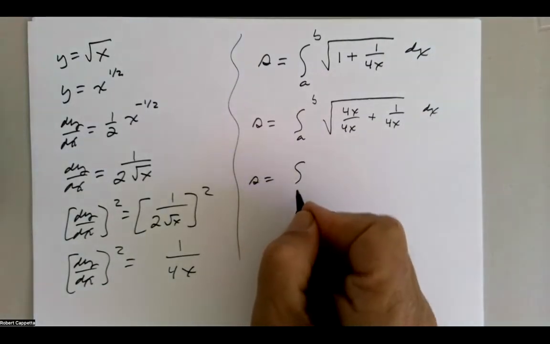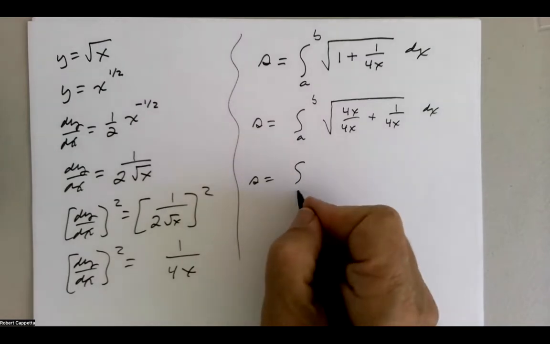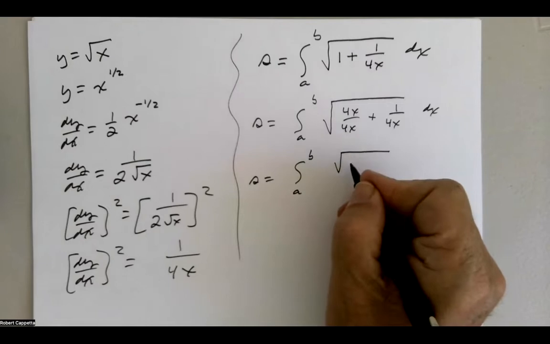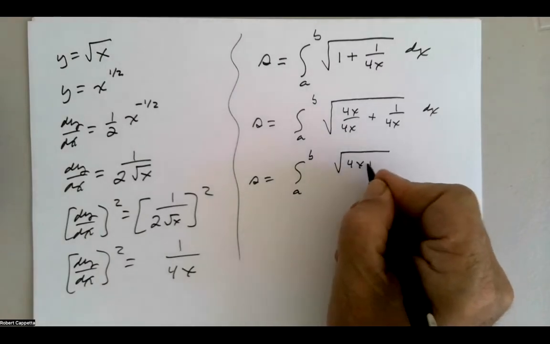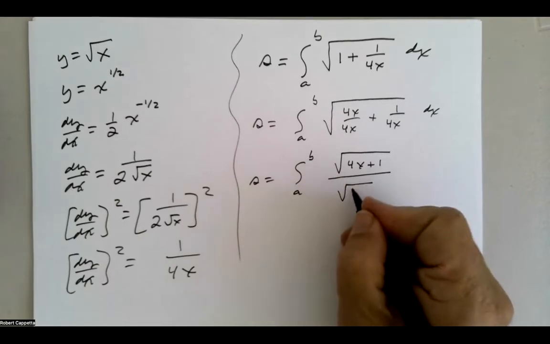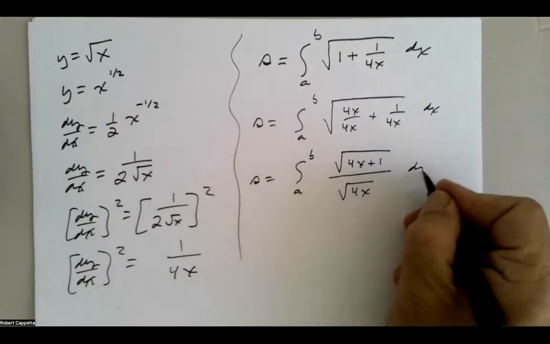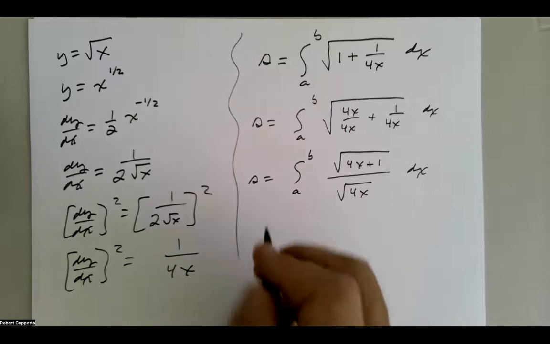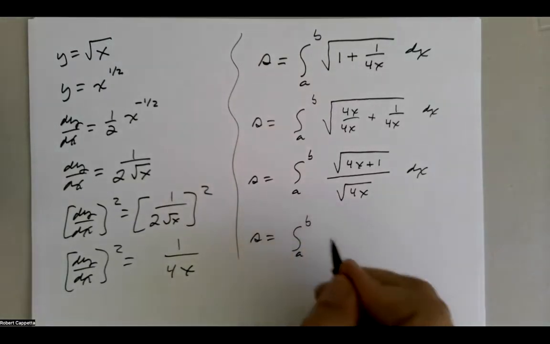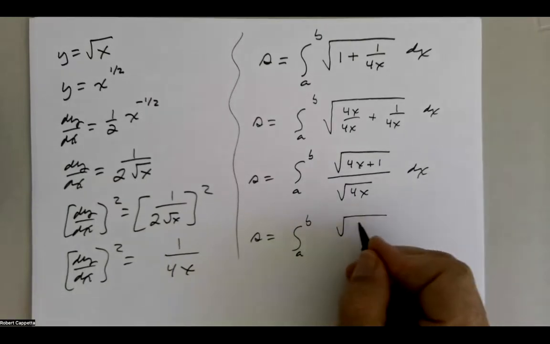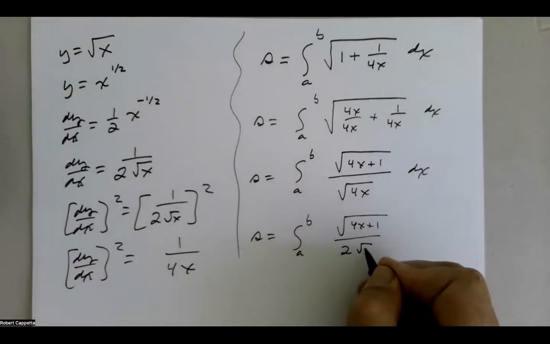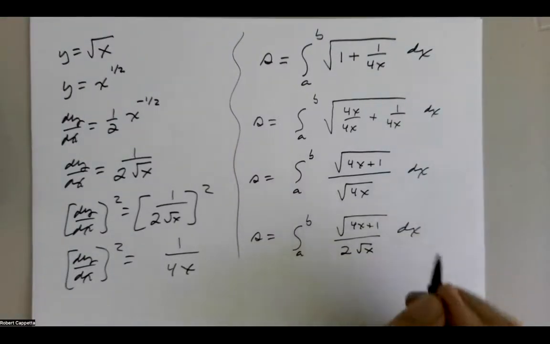S is the integral from a to b of the square root of 4x plus 1 over the square root of 4x. Square root of 4x is 2 root x.